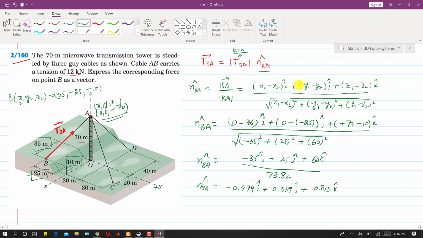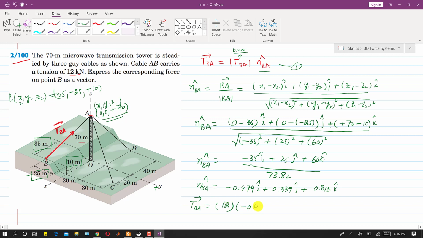Now if we put this in this equation number 1, we will get that tension vector TBA, right? So this TBA will be equal to, the magnitude of TBA is 12 kilonewton. We will multiply this 12 with this unit vector, right?